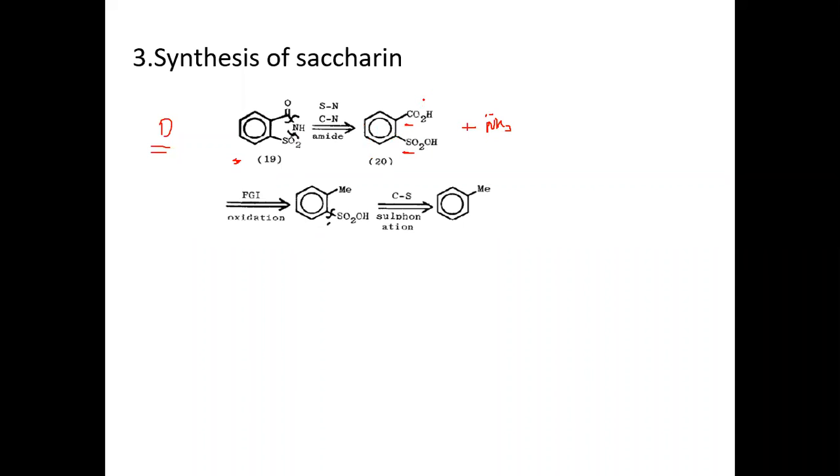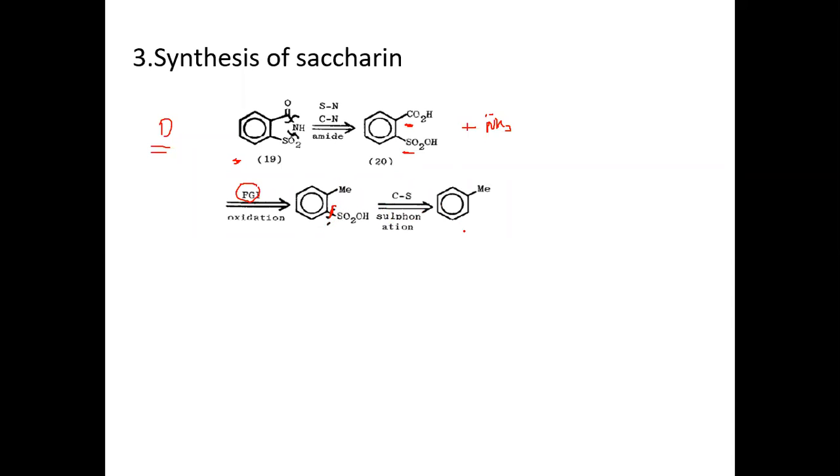Next, you know that if there is an acid, we'll do the functional group interconversion. Acid to methyl group. Is it oxidation or reduction? Reduction. Very good. Next, we are disconnecting this sulfonic acid.